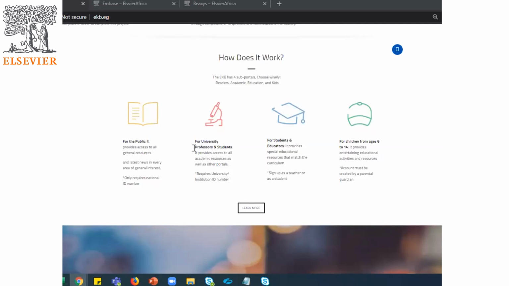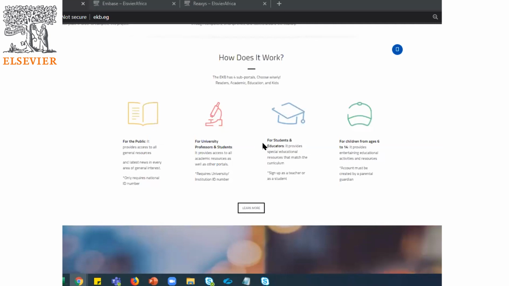So you can actually sign up as a university student, or you can sign up as academic staff, a researcher at a university or one of the research institutions in Egypt. And you can have access to more solutions actually, and you can still have access to all other portals as well.